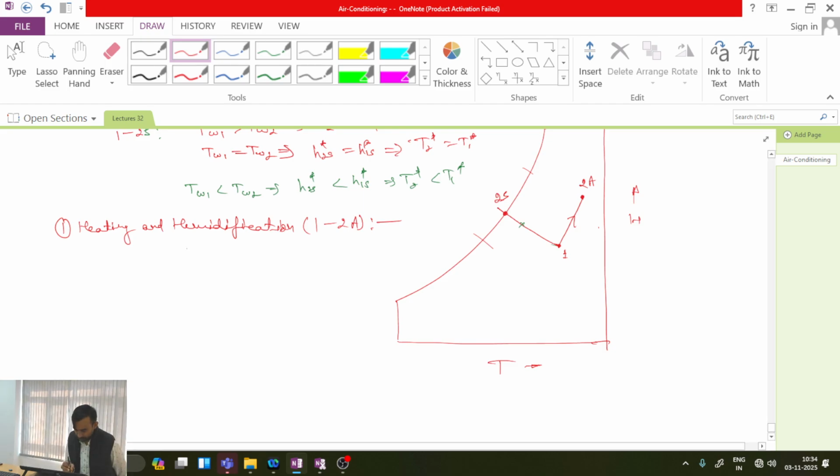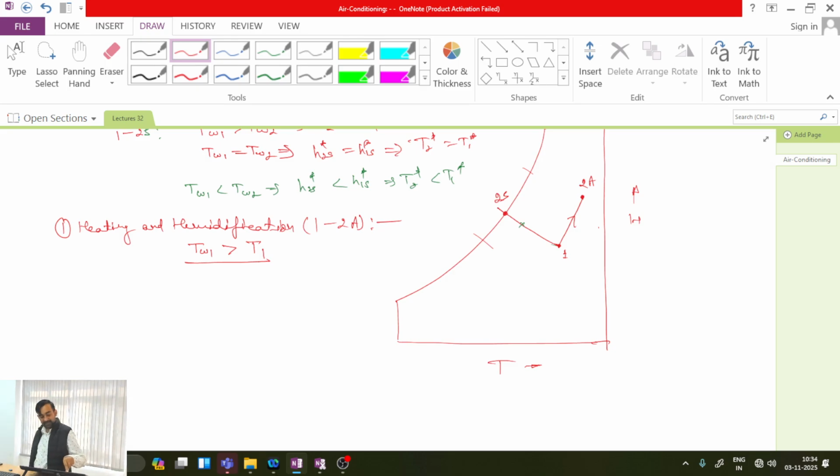So the necessary condition is that TW1, the water inlet temperature, must be greater than T1, the inlet temperature of the air. For achieving heating and humidification, my water temperature must be greater than the temperature of the air at point 1, because then only the air will gain heat.